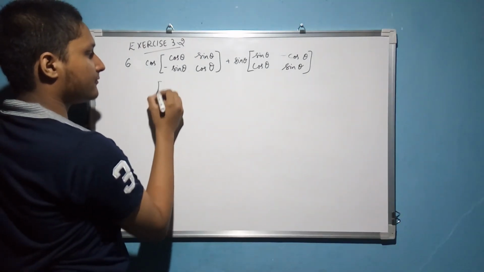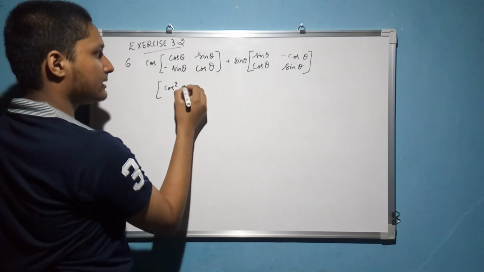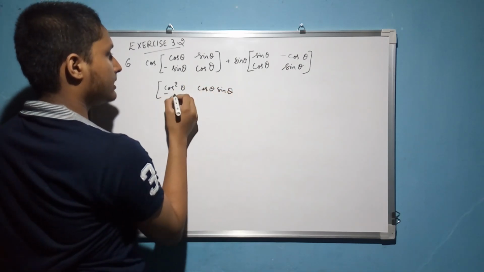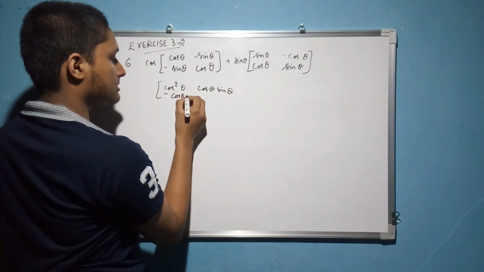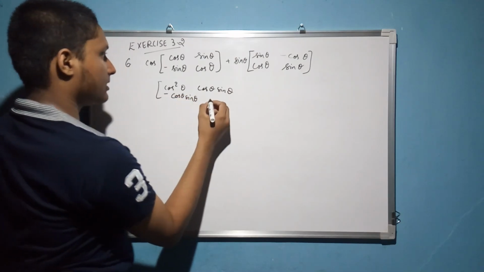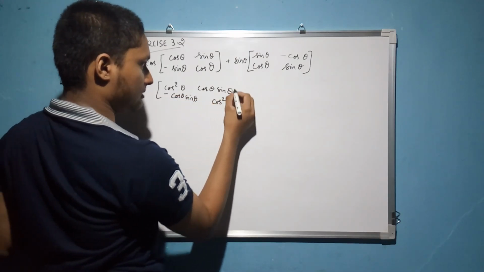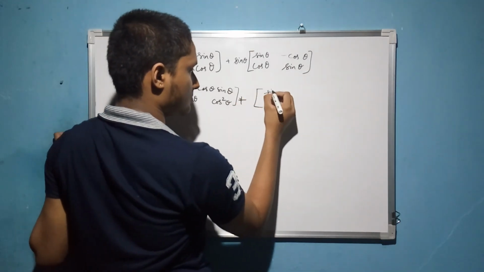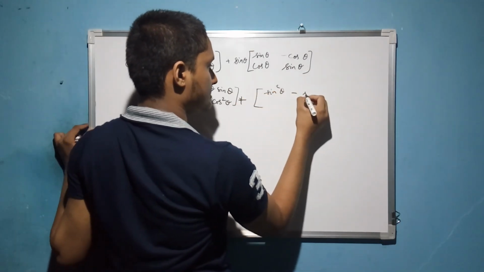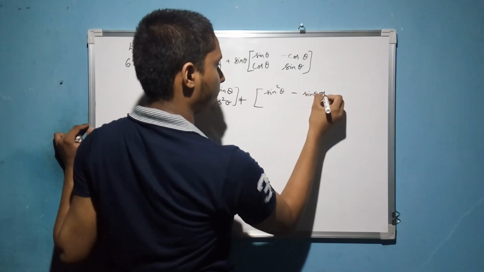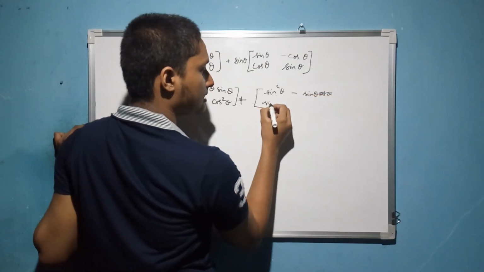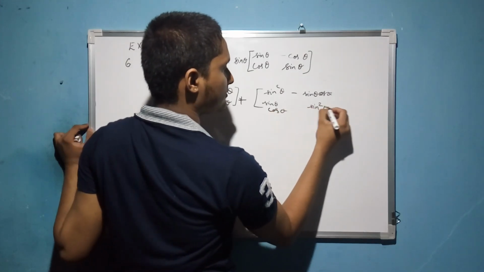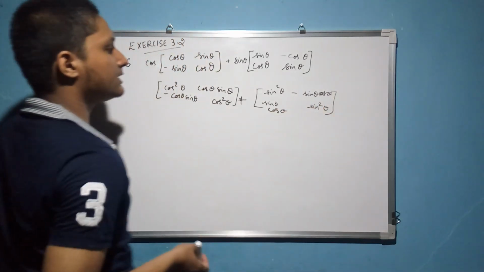So directly we can find out that it becomes cos square theta, sine theta minus cos theta sine theta, and cos square theta here. Again here it becomes sine square theta, minus sine theta cos theta, sine theta cos theta, and sine square theta, because you are going to multiply sine theta by every term.